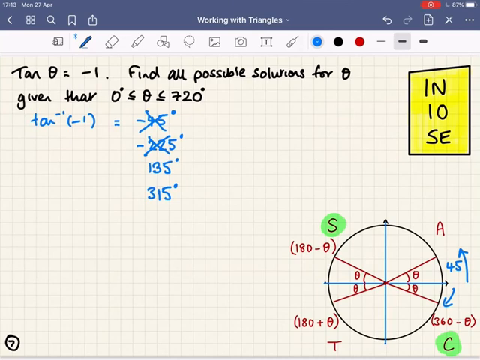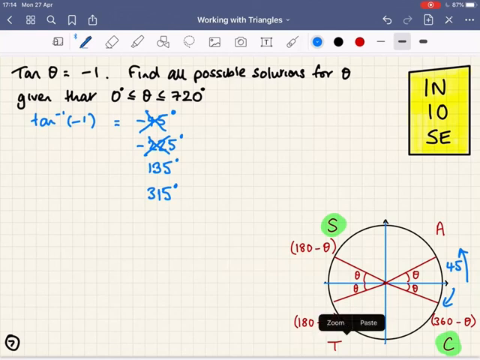And now I've got to go around again because I want angles between 360 and 720. So I need to think about these solutions going anti-clockwise. Once I've been round a full turn of 360, to go for a solution of minus 1, I'm going to go another 135 degrees on from 360.